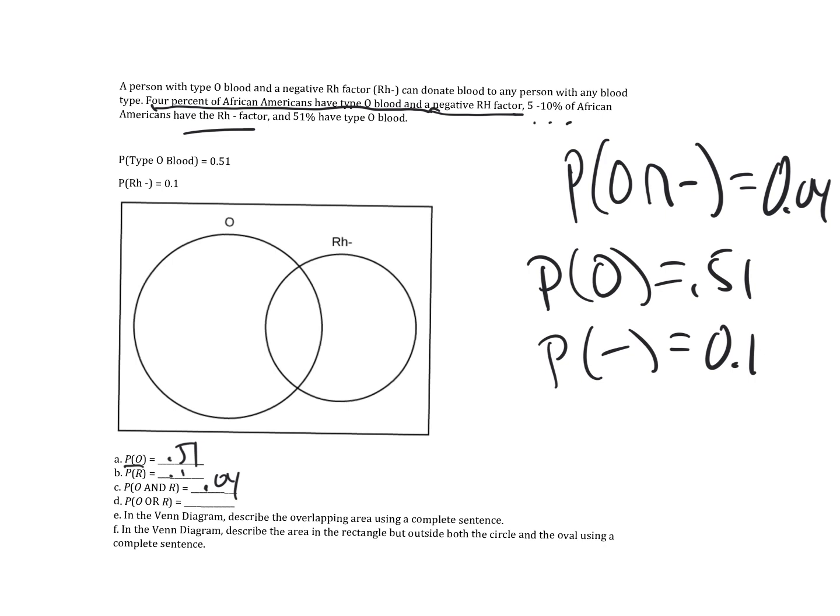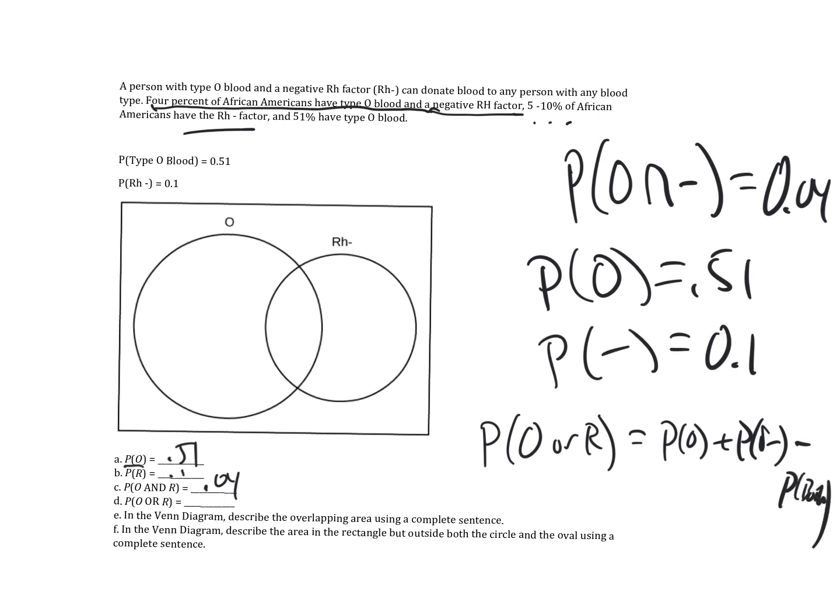If you look at Dr. Stevens' stuff, that's an addition rule problem. O or Rh negative is the probability of type O, plus the probability of Rh negative, minus the probability of both.